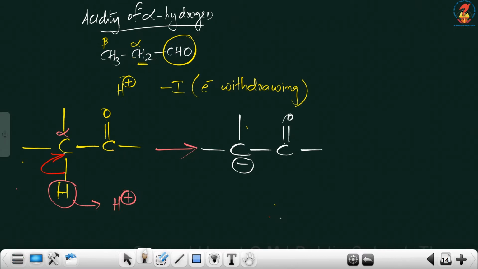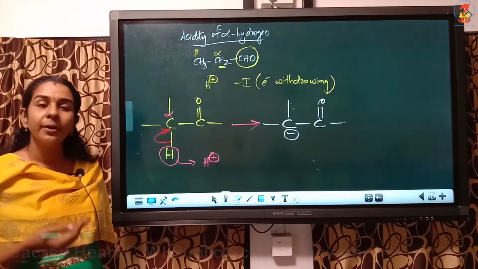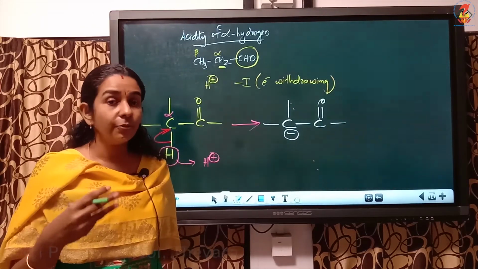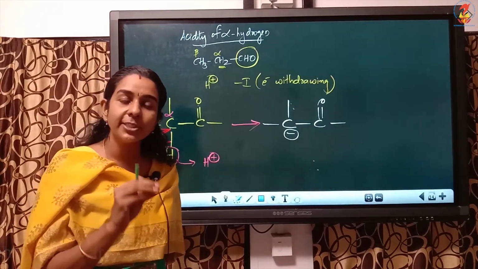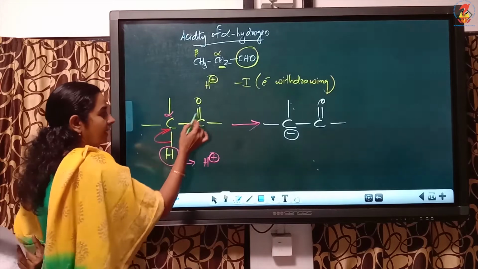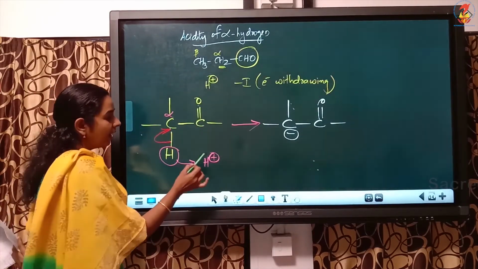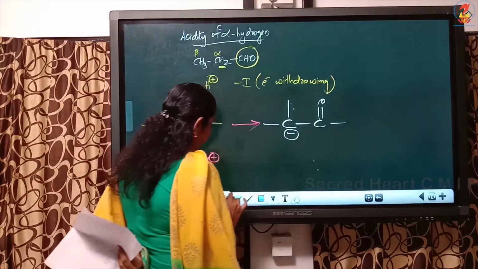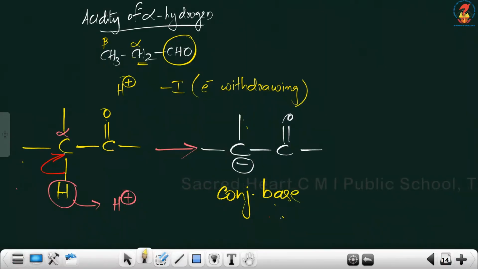So, we know that an acid means which can donate or release H plus ions, and the product or the compound that we are getting after the release of H plus ion will be known as the conjugate base of that acid. So, this aldehyde or ketone possessing alpha hydrogen, after the release of H plus ion, this is formed. So, this can be called as the conjugate base of this acid, isn't it?